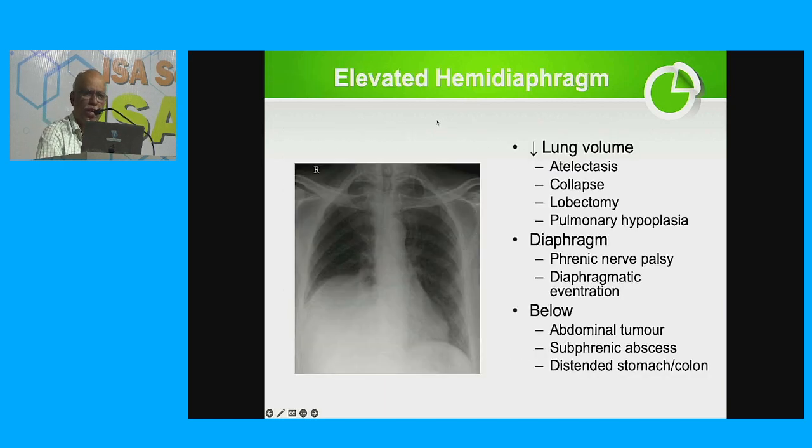So the causes of elevated hemidiaphragm. You can see an elevated hemidiaphragm here. It can be elevated because of decreased lung volume, or a push from the abdomen, or phrenic nerve palsy. So it can have paradoxical movement. So look at the diaphragm, and this is an apparently elevated hemidiaphragm.